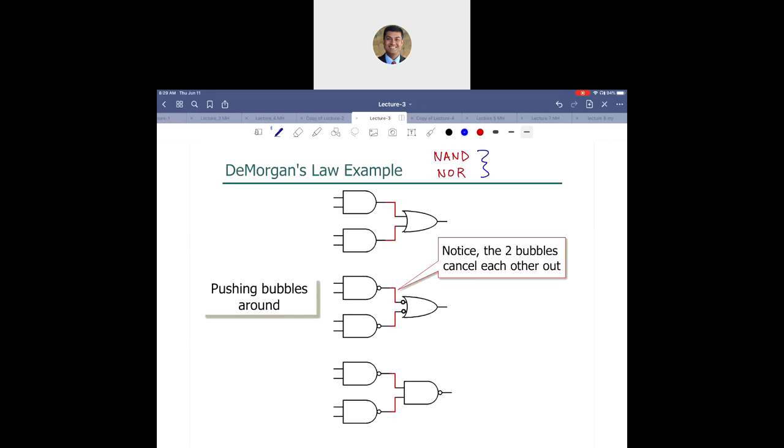We know that from the CMOS transistors discussion, in comparison with AND and OR gates. And the fact that NAND and NOR gates are universal gates.